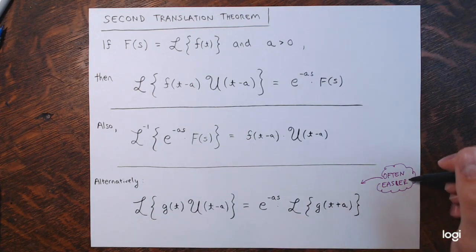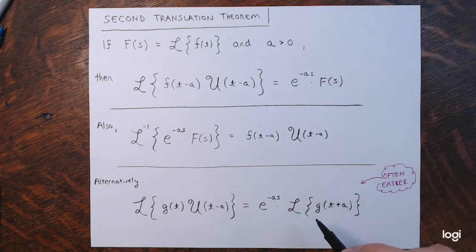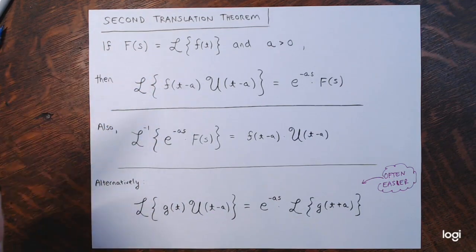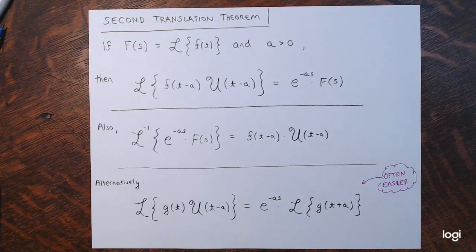And as I put here, this alternative version involving the unit step function is often easier to do. I'll show you both, the first line and the third line here, in a couple examples.